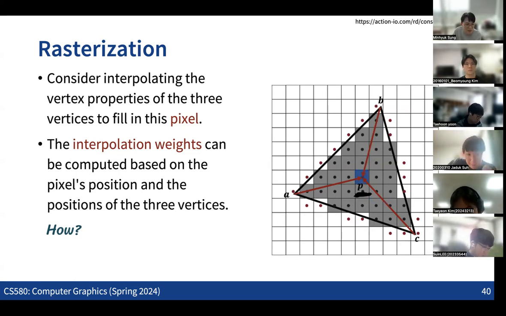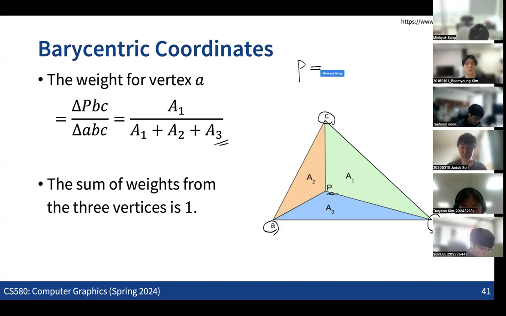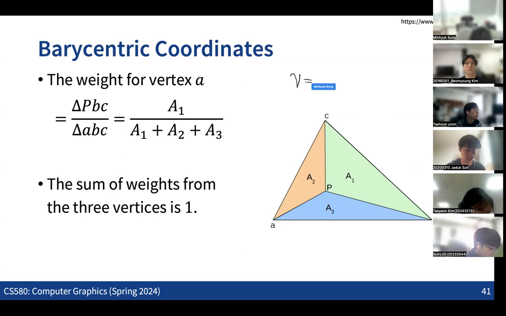But the interesting thing is that once you compute all the interpolation, that actually becomes the same as calculating some kind of interpolation weights for each of these three vertices in this way. So let's say some property of P is denoted as, for example, V. And then we have the information of VA, VB, and VC.